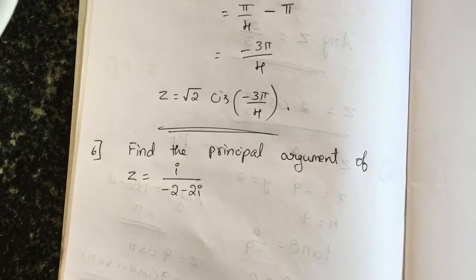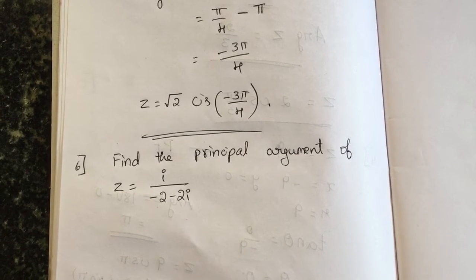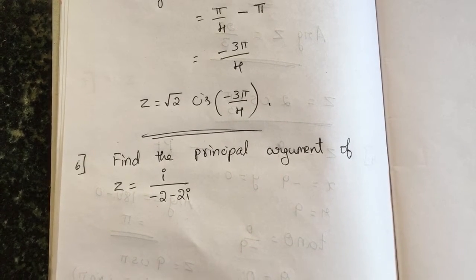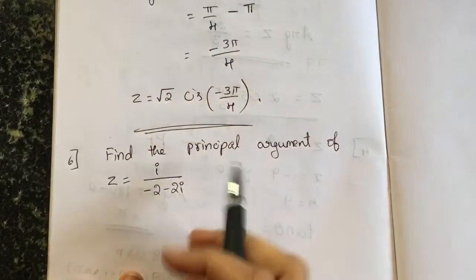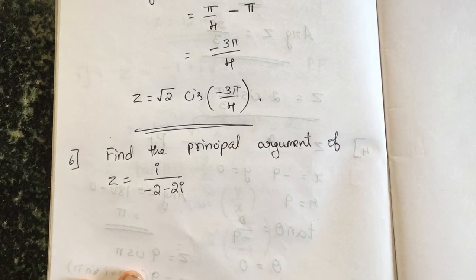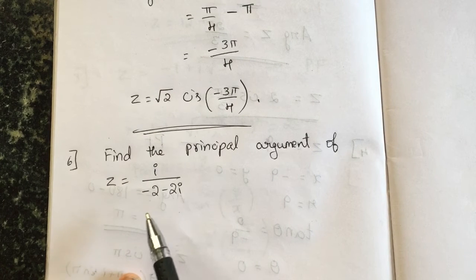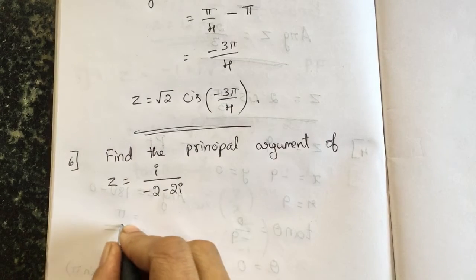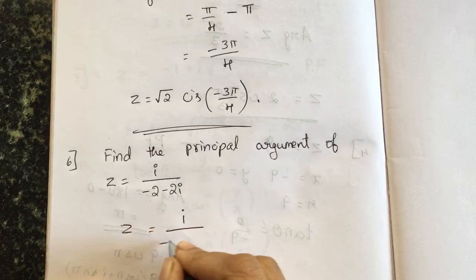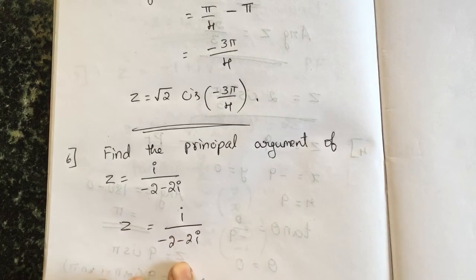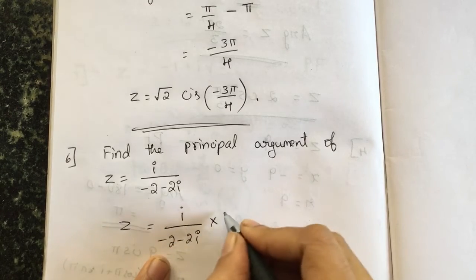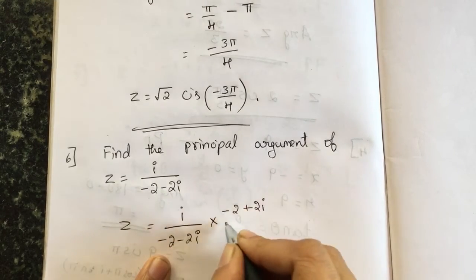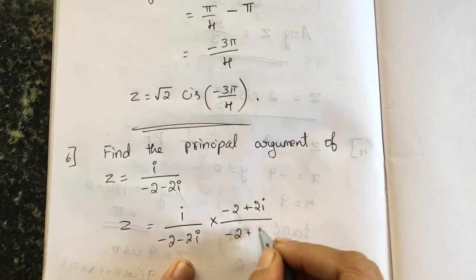This is the next problem. They have just asked for the principal argument of z, and z is i by minus 2 minus 2i. So first thing is we have to simplify this so that it is very easy to calculate r and theta. For that sake I'll multiply and divide by the conjugate of the denominator, that's minus 2 plus 2i divided by minus 2 plus 2i.